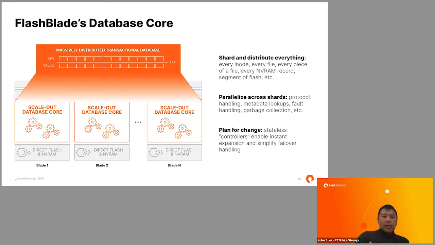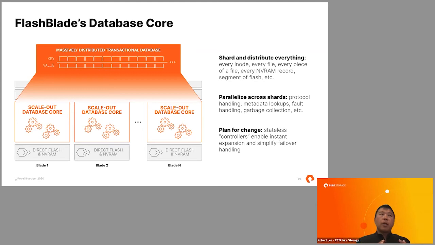So, the second step in being able to exploit this parallelism that the key value representation provides us is essentially to assign ownership of individual parts of the metadata space to different what we call virtual controllers, right?